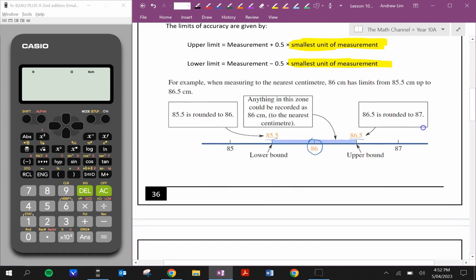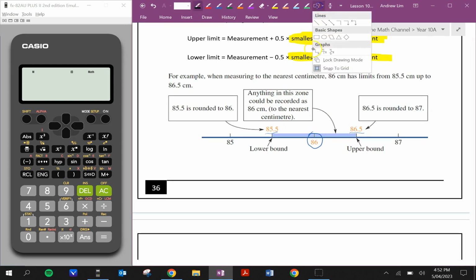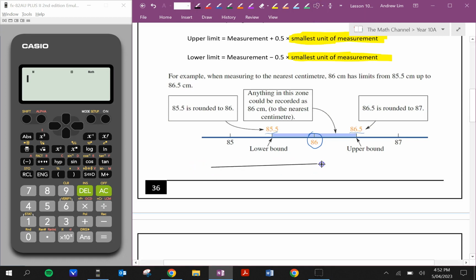Here we've got an example. When measuring to the nearest centimeter, 86 centimeters has limits from 85.5 up to 86.5. Let's say we've got a straight line. We took our ruler and according to our ruler, it says it's 86 centimeters. We say that's 0, and that's 86.